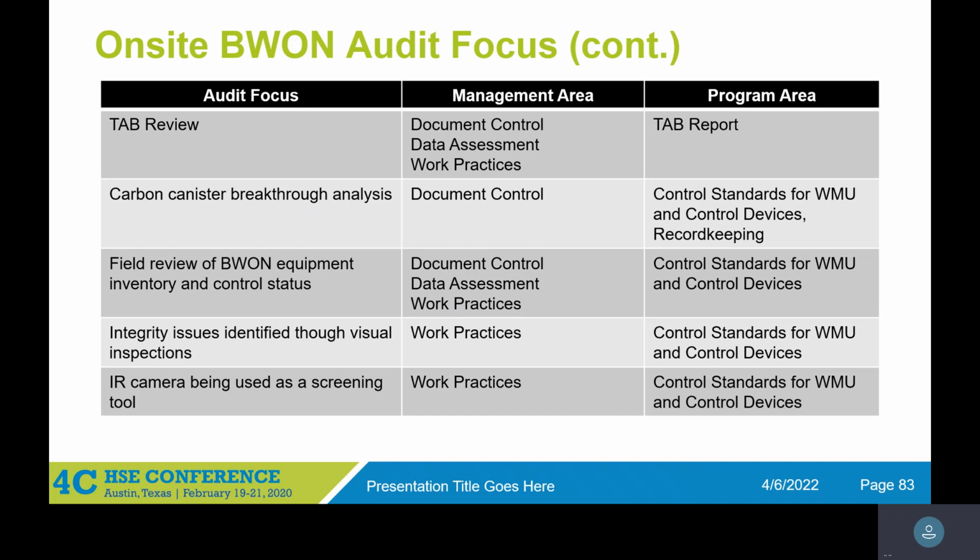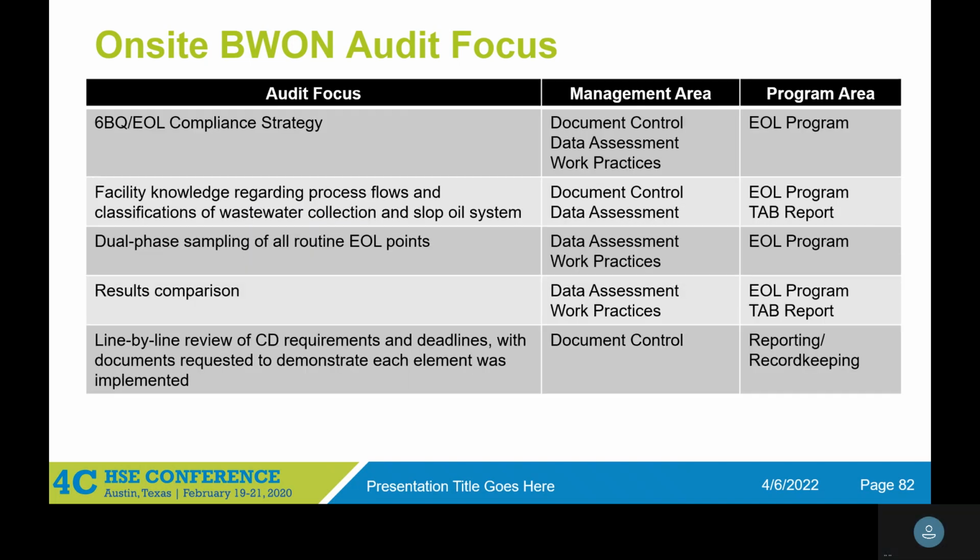I don't know if the range is good enough, but I do know that when they come for those audits, they bring an IR camera and they will look for any kind of leaks. They go to all the major places, they'll go to your main sewer and then inspect if you have carbon canisters, that there's no emissions coming out of that, if that's the option that you chose.